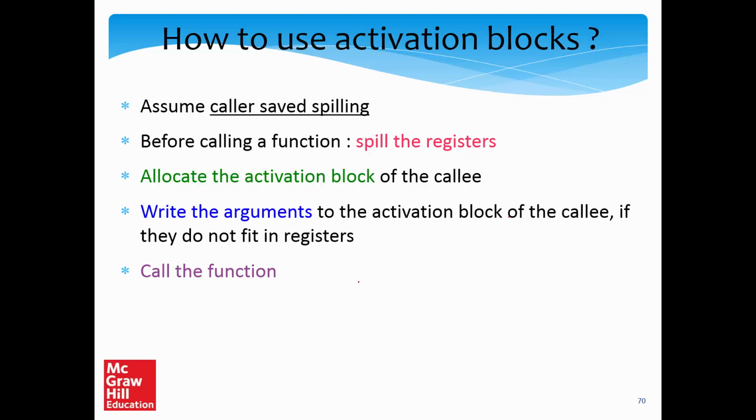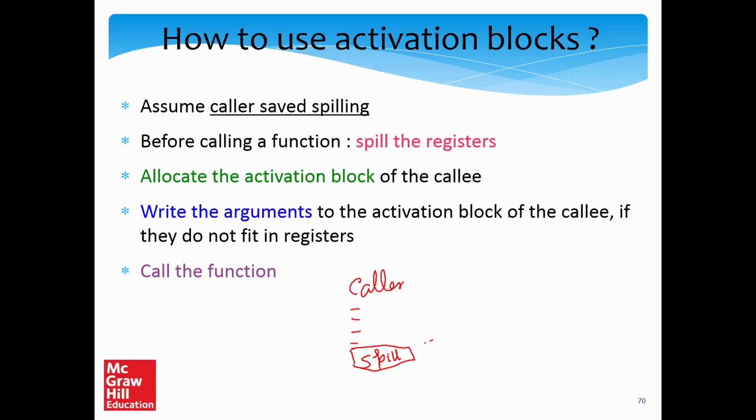Let's assume that we have the caller function executing. So we execute one instruction, another, and then we decide that we need to call a function. Since we assume caller saved spilling, the first thing that we do is spill the registers.